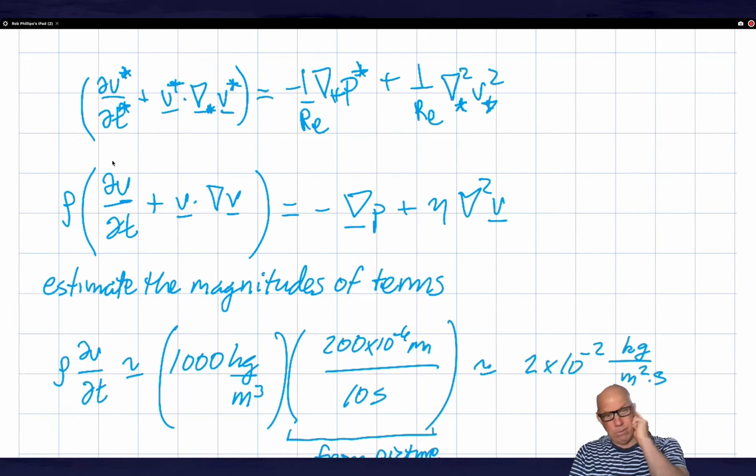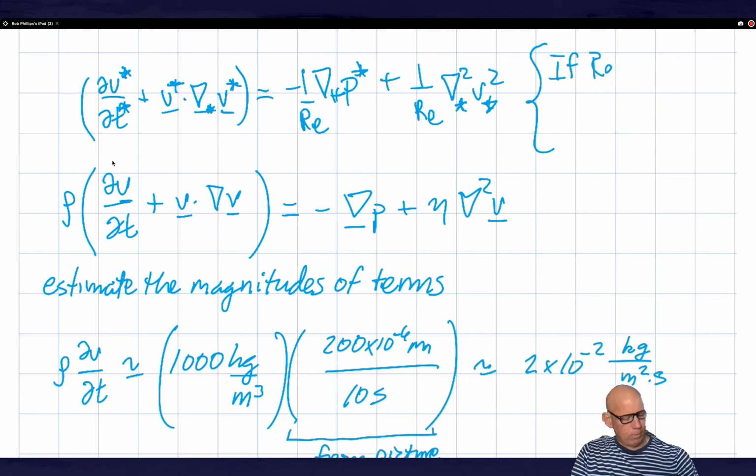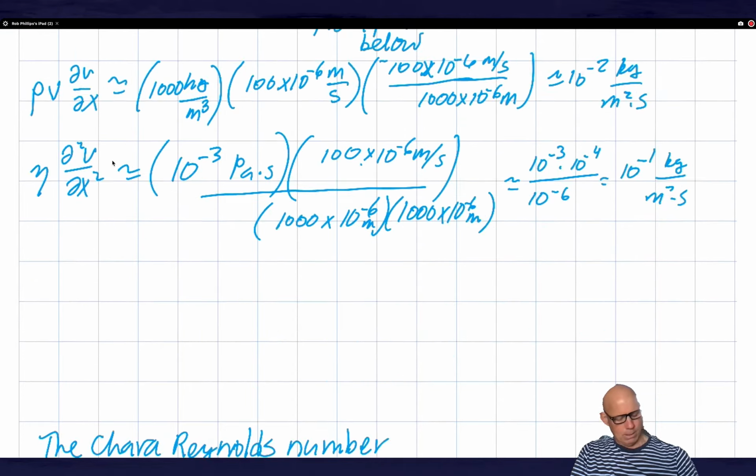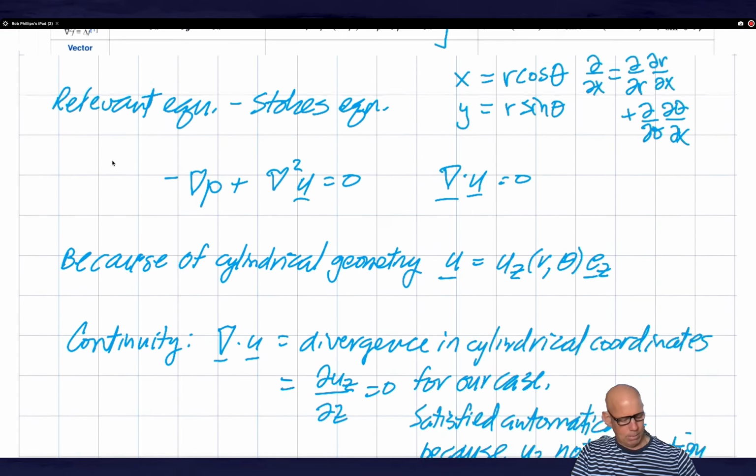That's another way of writing this. I mentioned last time that we could write the equations in dimensionless form, and thus, my claim is that if Re is much less than 1, then we can neglect the left-hand side, and this becomes the Stokes equations, which I show you right here.